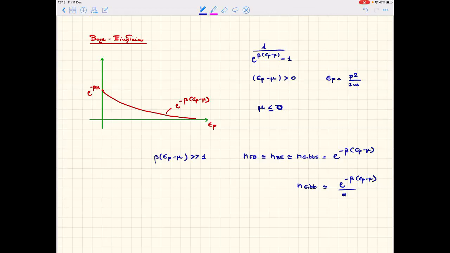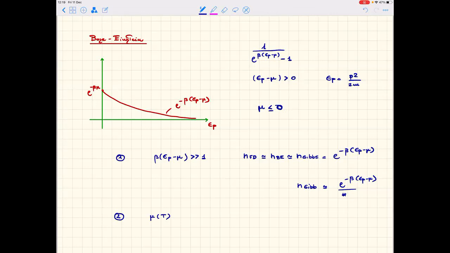All right, so this is the first fact of life. Second important thing: next time, in 2 lectures, on Wednesday, we will be discussing what happens for bosonic systems when we look at the chemical potential as a function of temperature. The chemical potential, I said, is negative.